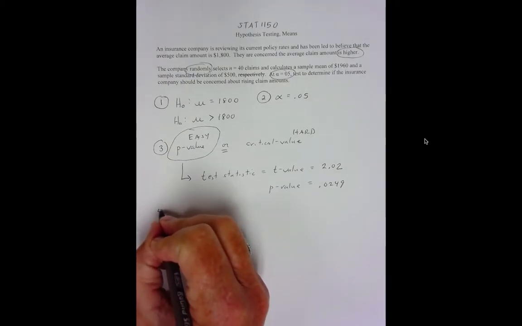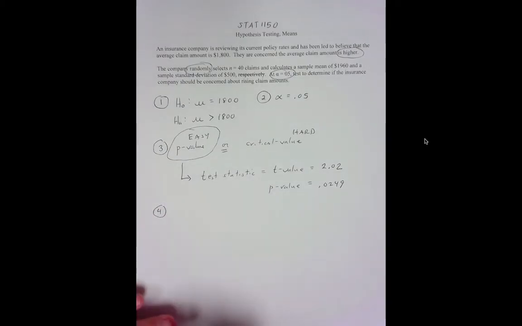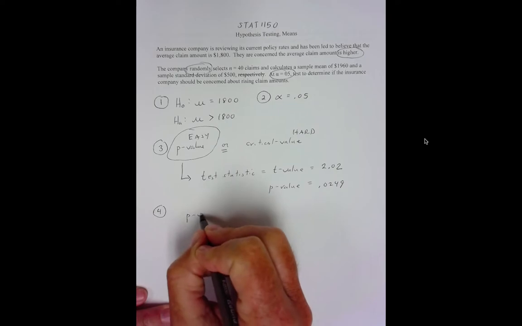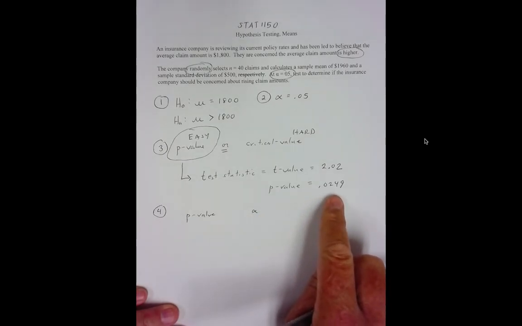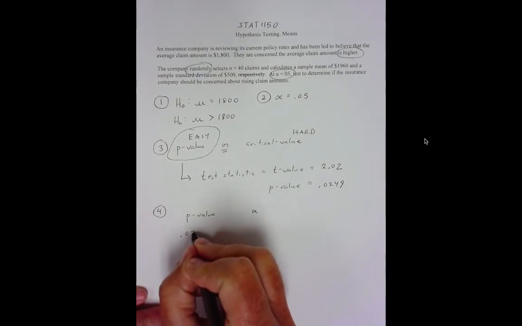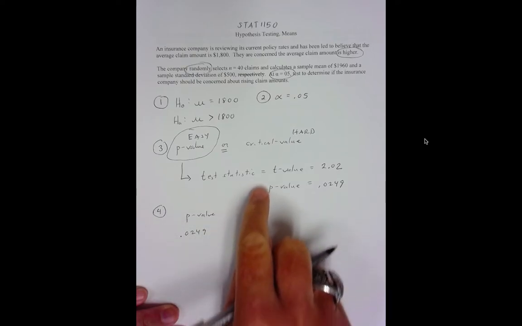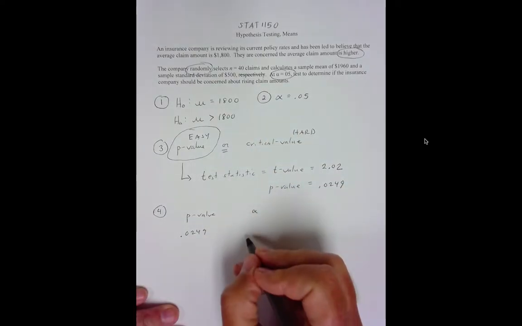The fourth thing we do is we make our decision. And remember, we compare the p-value with our alpha. So our p-value we got from StatCrunch, 0.0249. Our alpha was set before we started the problem.